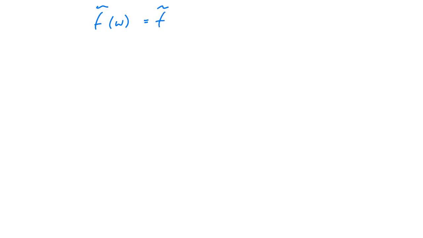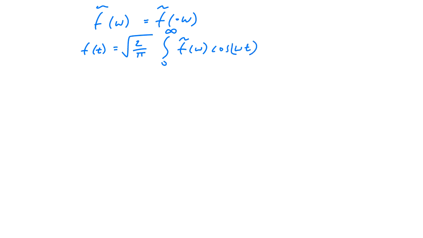Assuming that my Fourier transform is also even, then that should give me the exact same type of cosine transform, where this is just going to be the Fourier transform f of omega cosine omega t d omega. And so here you can see that the inverse transform is also a cosine transform.